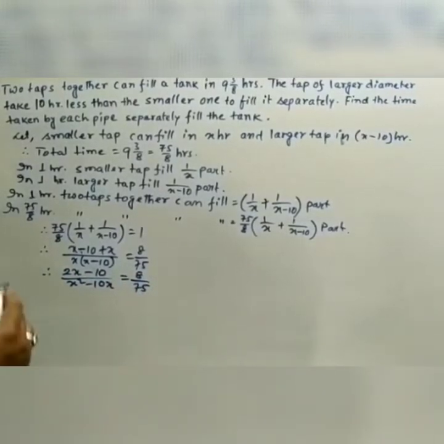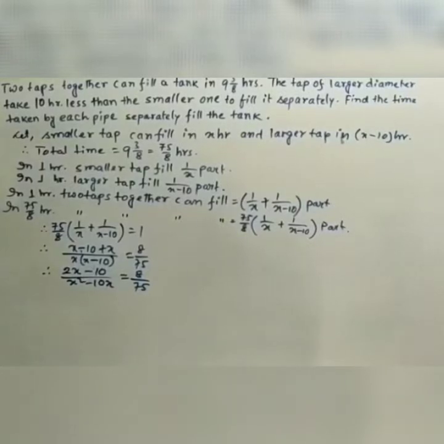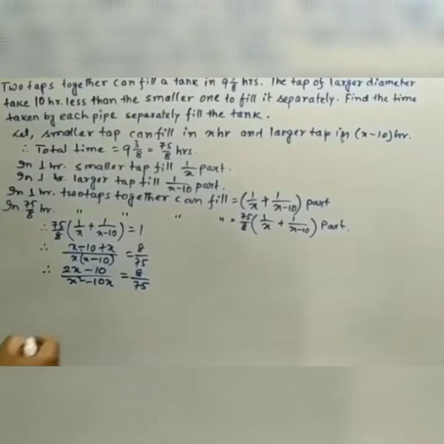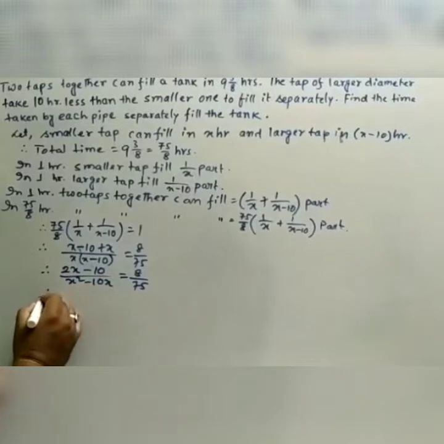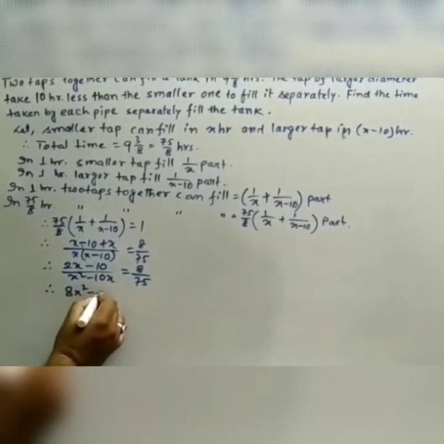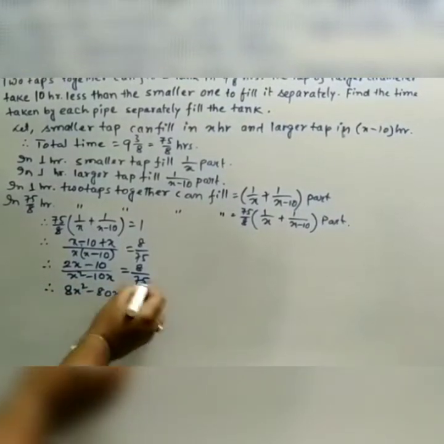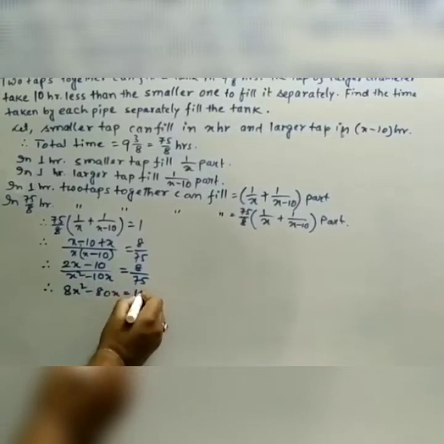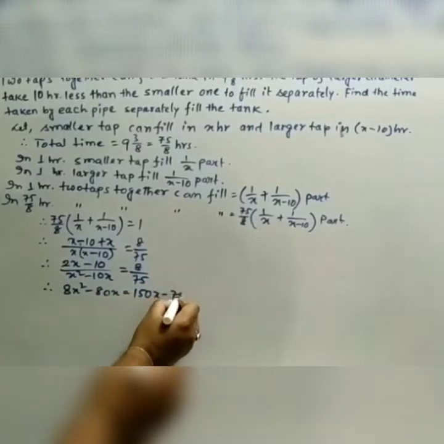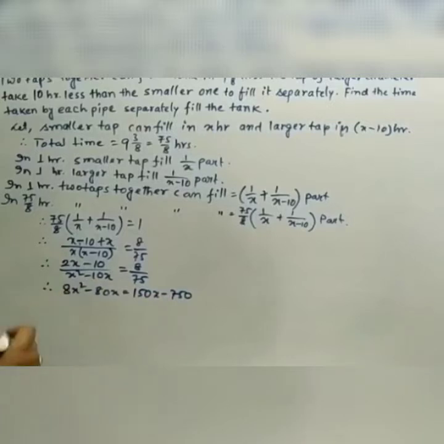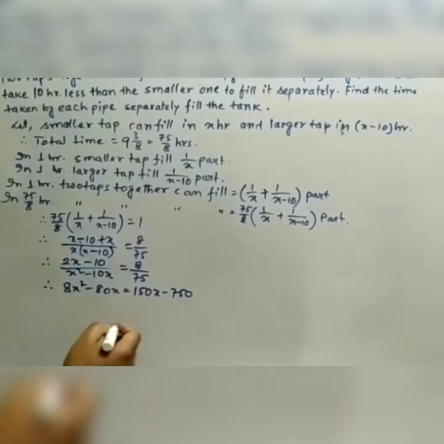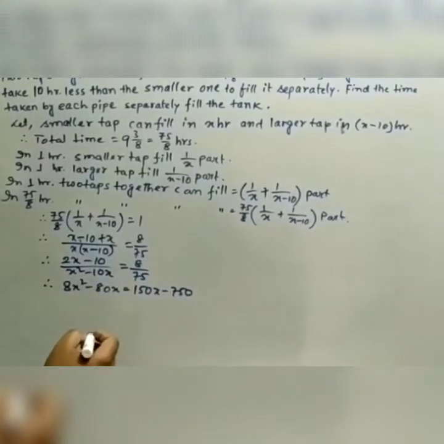Okay, now we will take the cross multiplication. So 8x square minus 80x equals 75 multiplied by 2x minus 10, which becomes 150x minus 750. All parts will come to the left side because we need to make the right side 0 for a quadratic equation.